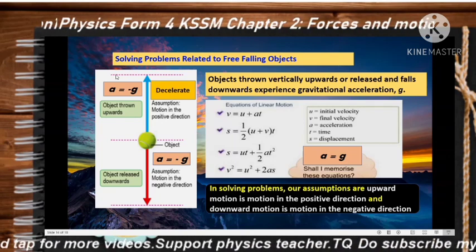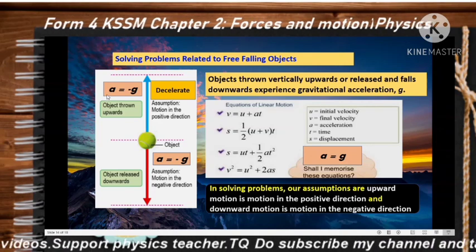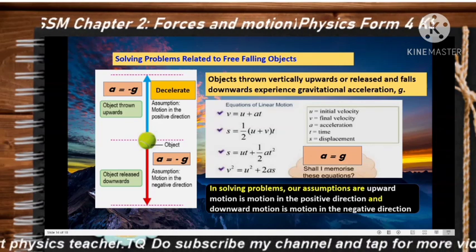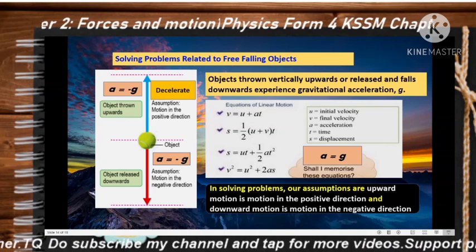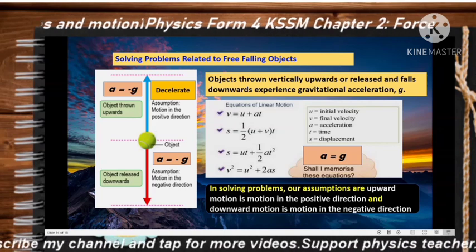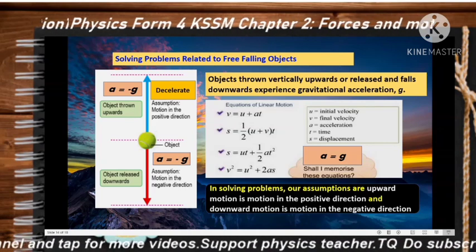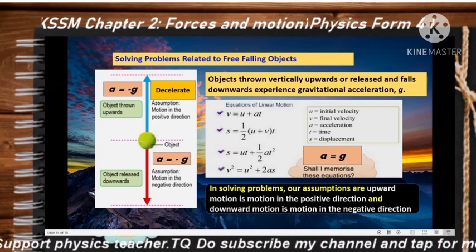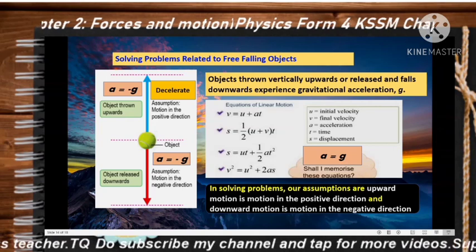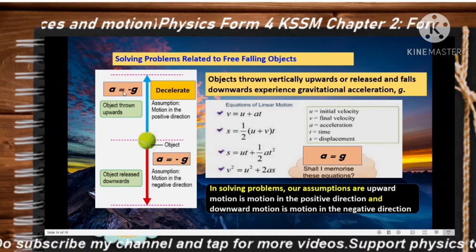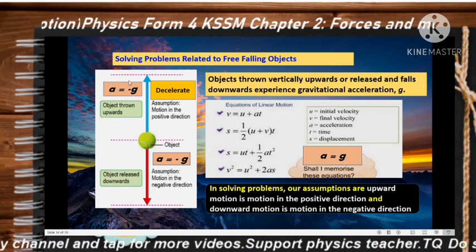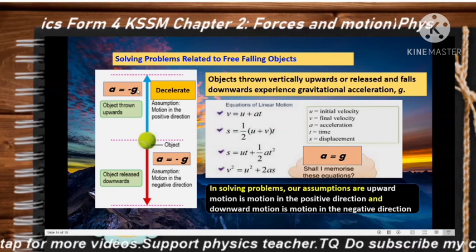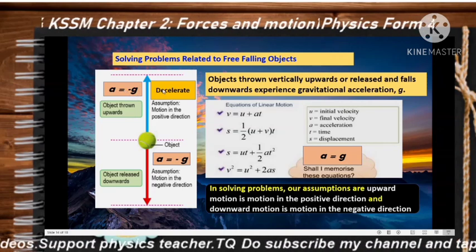Why is the acceleration for an object thrown upward negative? As you can see, when an object is thrown upward, it starts with a certain value of initial velocity, and the value of velocity decreases and becomes zero at maximum height, so the tennis ball will experience deceleration. So the sign for the acceleration will become negative.